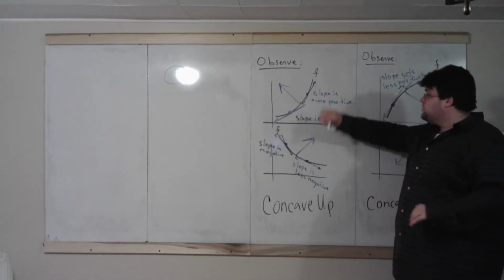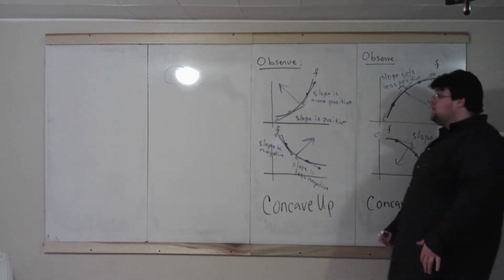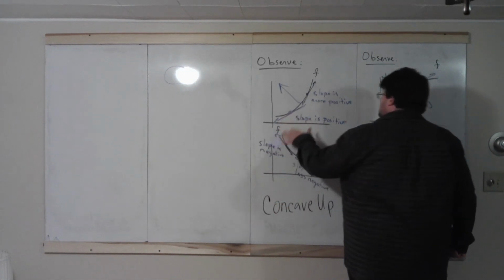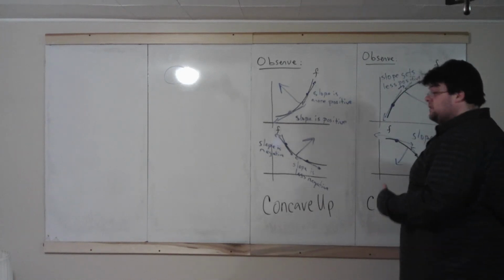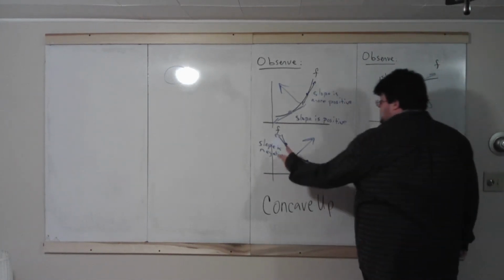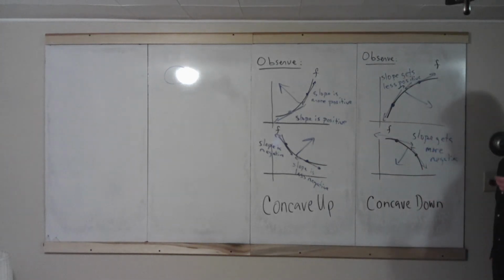The first derivative in both of these cases over here is increasing, because the slope is positive and it's getting more positive. So the first derivative is getting larger. In this case, it's negative, getting less negative. The first derivative is still trending upwards, still increasing.